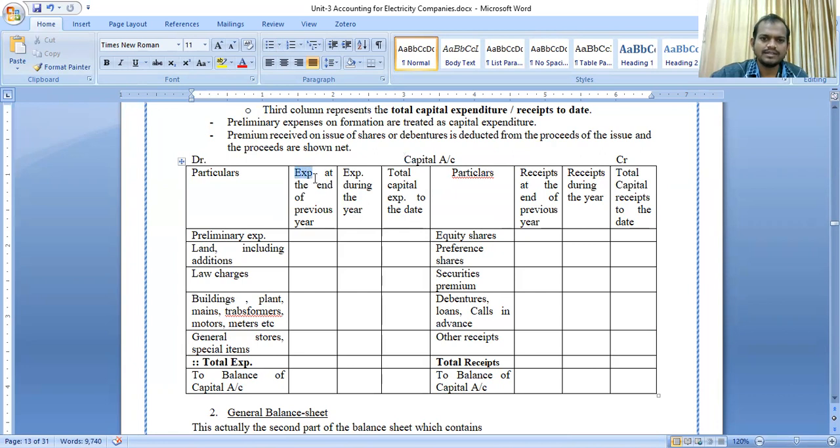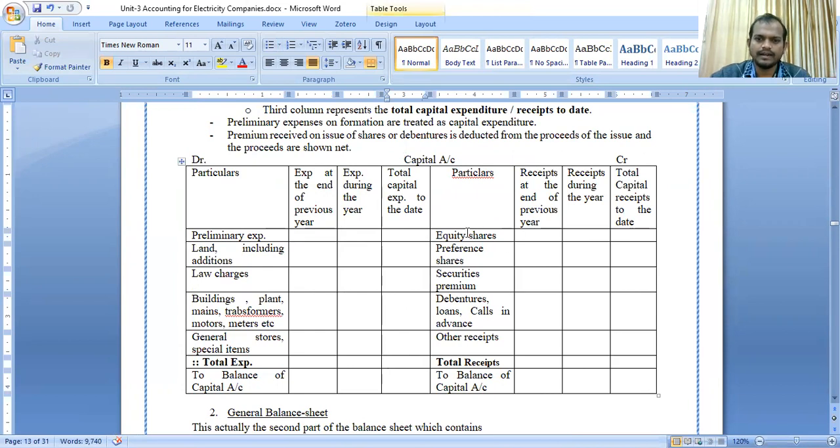The first one is expenditure at the end of the previous year, in the sense, opening balance of expenses. Then expenses during the year. The third column is total capital expenditure to the date. Whatever the total expenditure to the date, we have to record it in the third column.